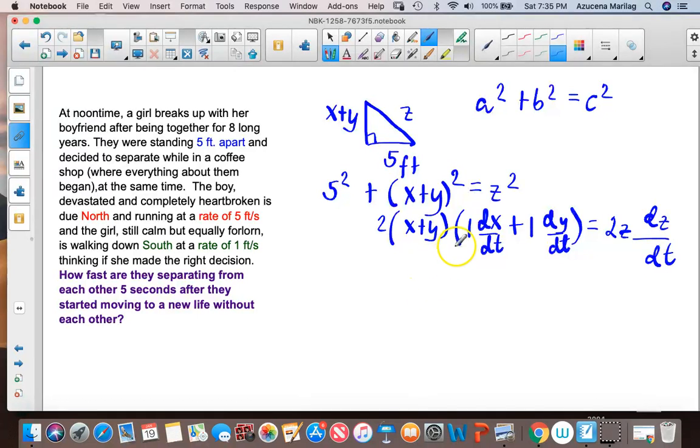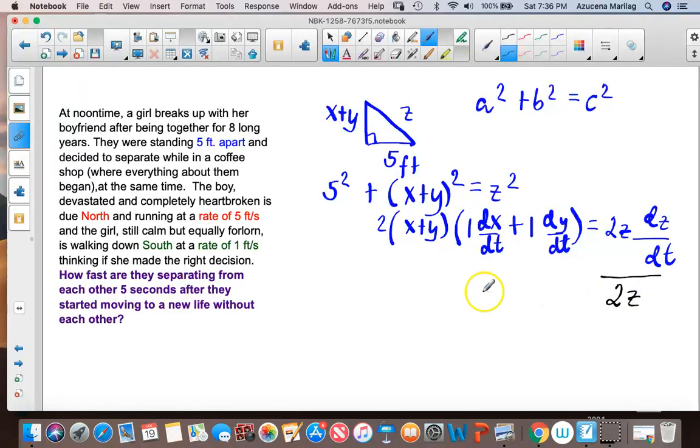So since we're solving for dz over dt, we need to isolate that. It's just like when you're solving a simple equation for x, for example, you need to isolate the variable x. We need to do the same thing right here. So since we need dz over dt here, I will divide both sides by 2z, so it could be eliminated on the right side. So let me use a different color pen to show my division.